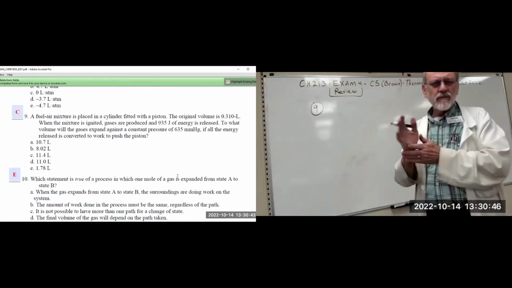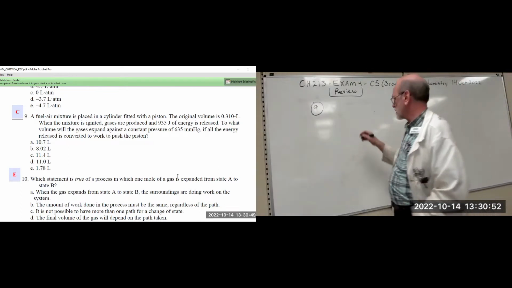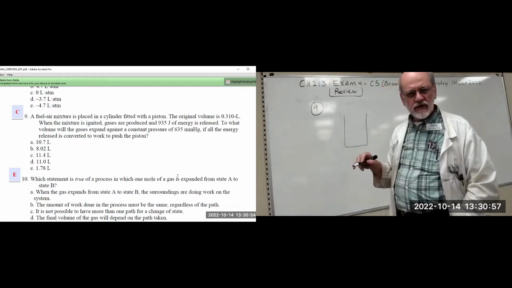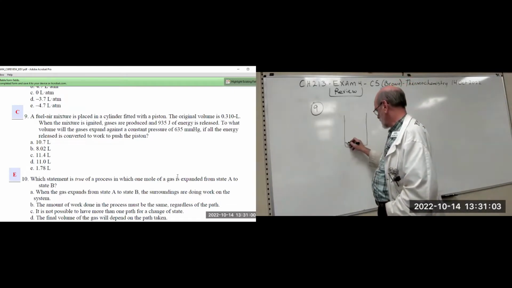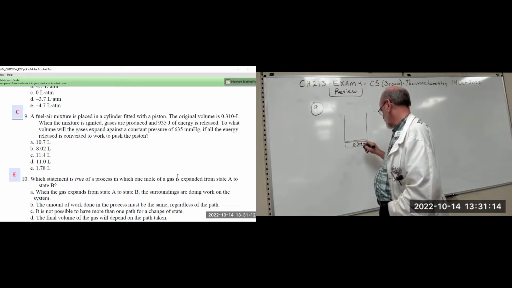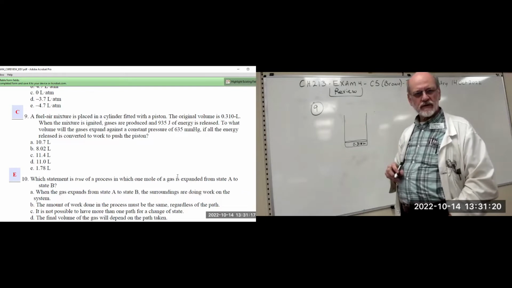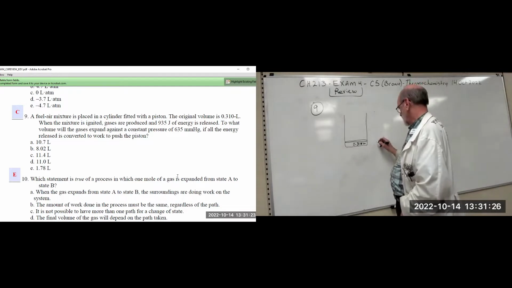A fuel-air mixture is placed in a cylinder fitted with a piston. The original volume is 0.310 liters. So here's our piston. When the mixture is ignited, gases are produced and 935 joules of energy is released.